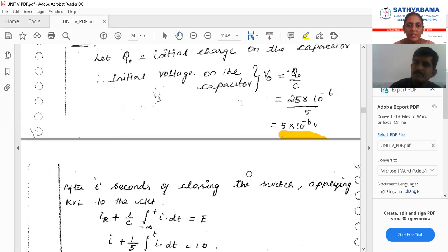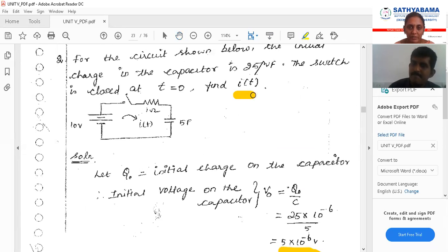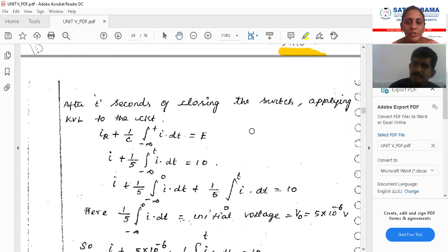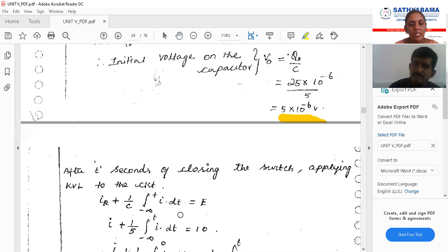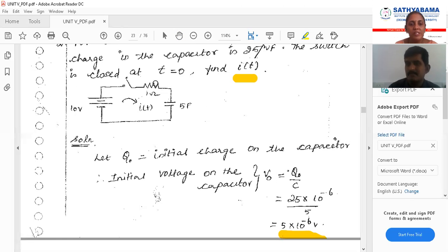Now going to the circuit. Now you have to find I of t. For that, I will write the equation. This is a simple circuit based on Kirchhoff's voltage law. You will be writing the equation.